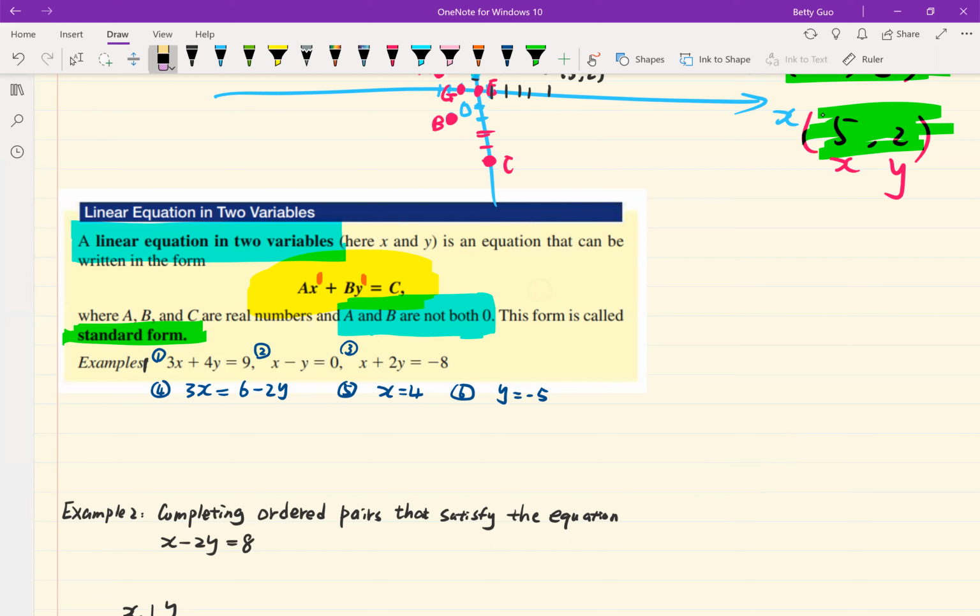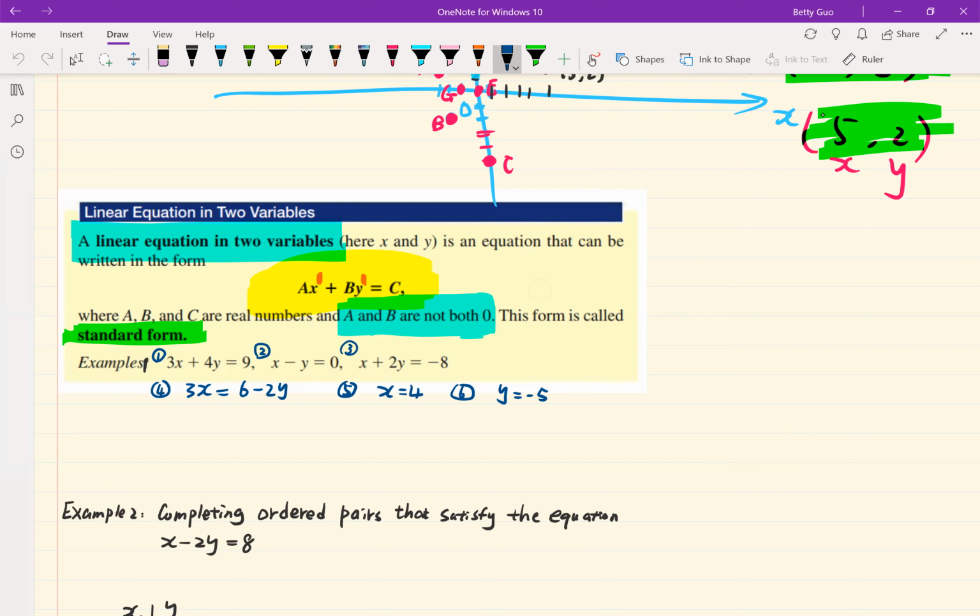Let's see the following 6 examples. Example 1, we have 6 equations. We need to determine, are they linear equations in two variables or not?